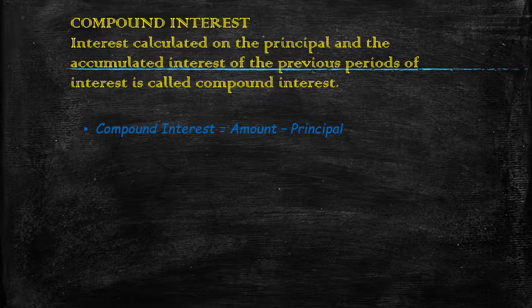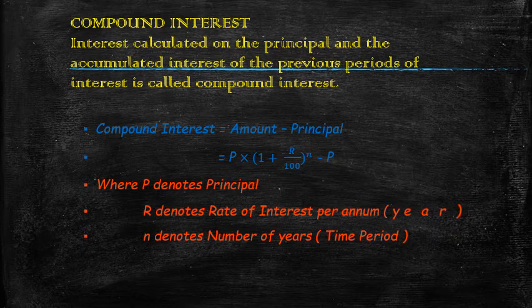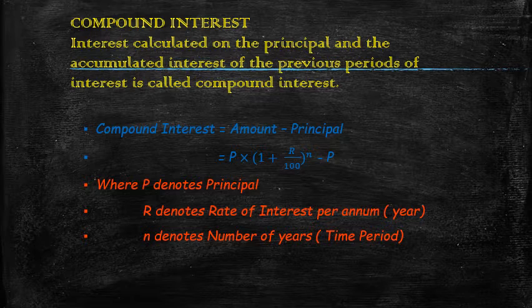And we can apply the formula for calculating compound interest: P into 1 plus r by 100 the whole raised to n, minus P, where P denotes principal, r denotes rate of interest, n denotes the number of years.